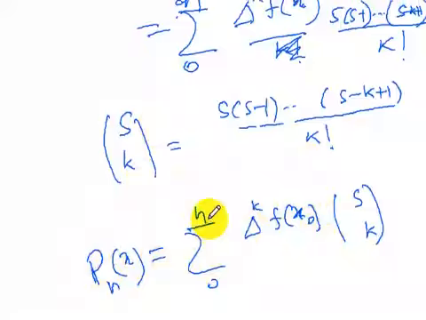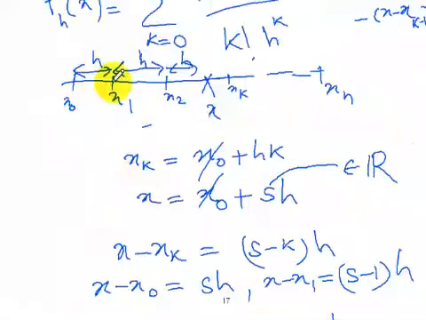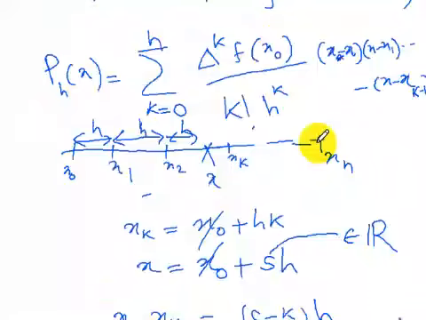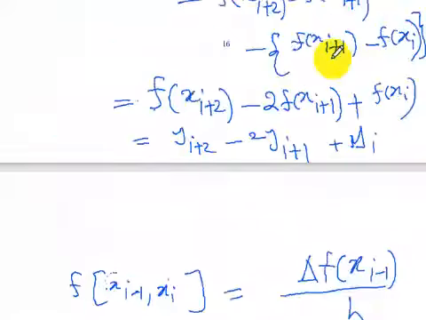If you take the difference between two consecutive x's, you don't see any difference. So these gaps are equal to each other. That's why we call it an equally spaced data set.